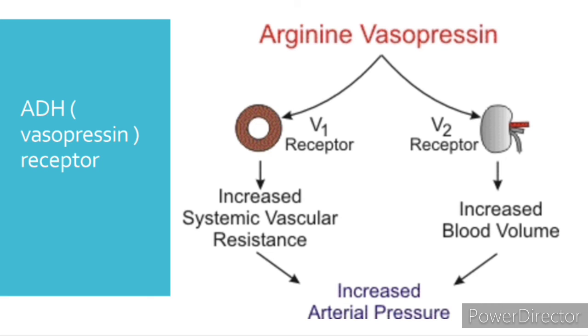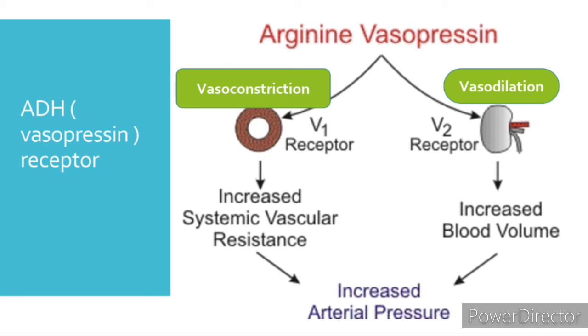Now ADH, which is also called vasopressin. Okay, so it has two types of receptors. Physiological functions of ADH, that is antidiuretic hormone, are based on different receptors. Okay, so V1 receptor, what does it do? Basically it does vasoconstriction, so it increases the systemic vascular resistance and in turn increases the arterial pressure.